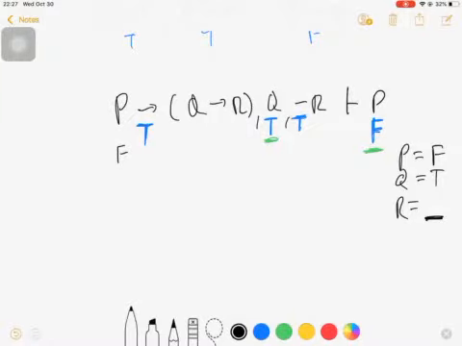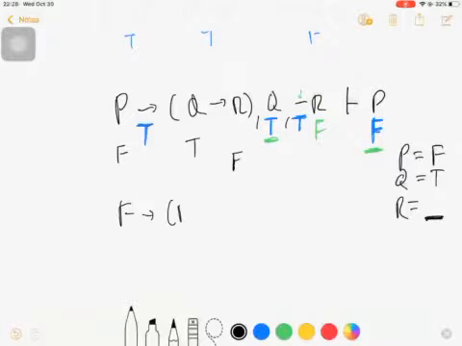Let's make Q true. And then for R, we can actually go ahead and figure out what R has to be. In order for the negation right here to be true, that means that R would have to actually be false. But let's check it. Let's see what happens if we plug in false for R. And let's take a look.